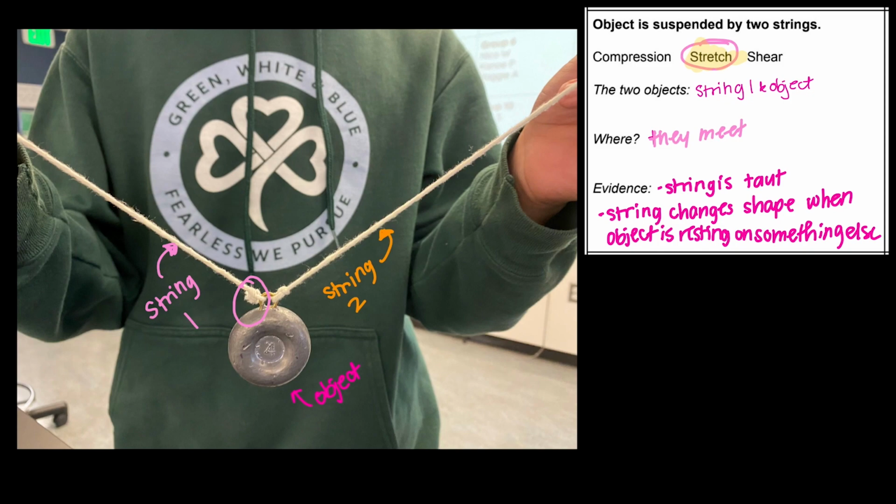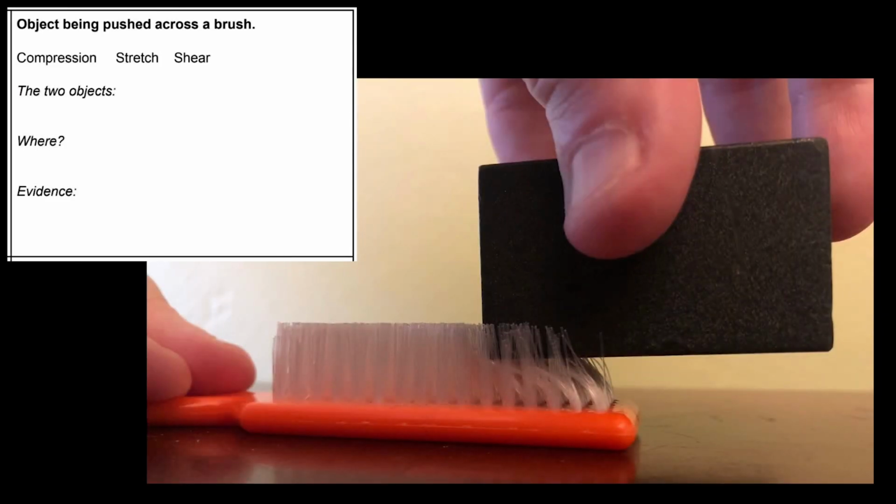All right, so let's go to this one. Object being pushed across a brush. All right, so here we have our object, and our brush is underneath the object, and we're going to push the object in this general direction. So we're pushing the object in that direction.